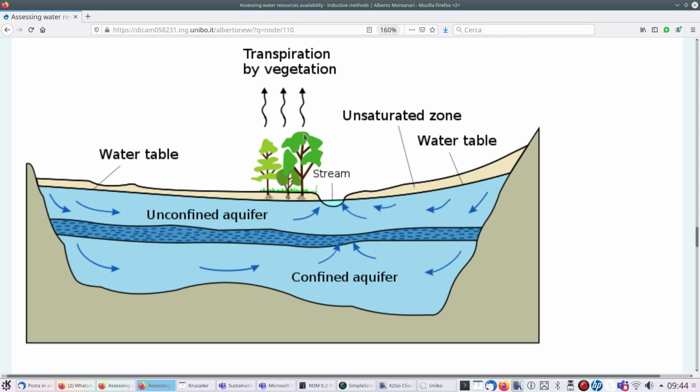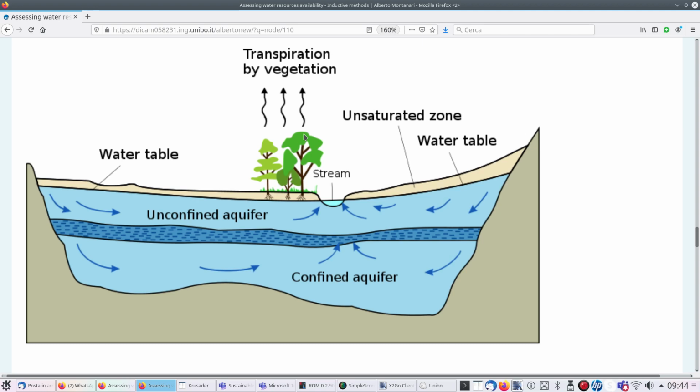Okay, now let's make an important difference between two categories of aquifers, which are depicted here: the unconfined aquifer and the confined aquifer. As I said, the soil is heterogeneous.